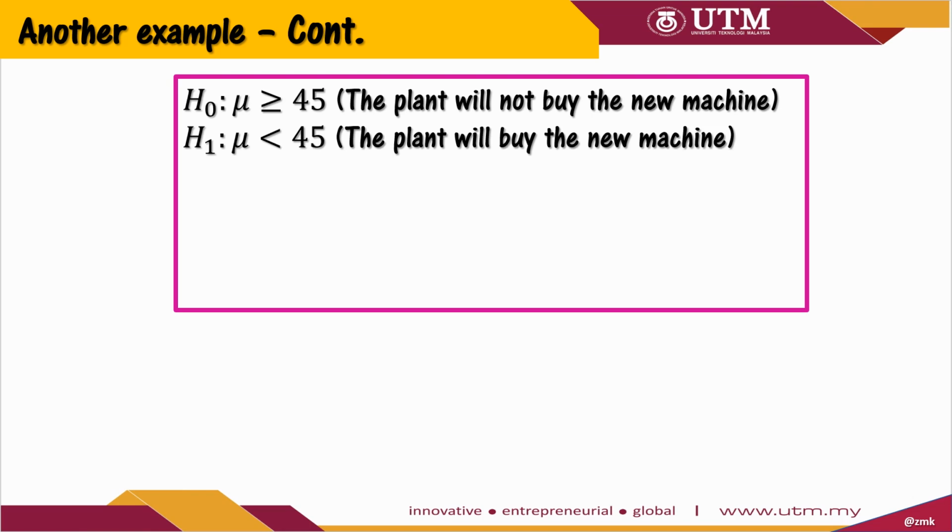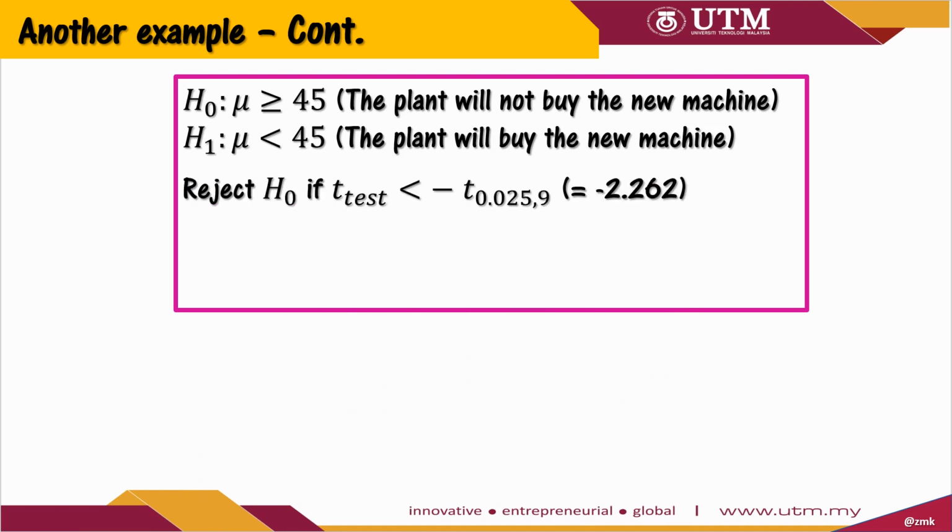Since we have a left-sided alternative hypothesis H1, the decision rule is to reject H0 if the t-test statistic is less than the left-sided critical value, which is negative t alpha, nu, where t alpha, nu is negative t 0.025, 9, given by negative 2.262. The t value can be obtained from the statistical table booklet page 35.